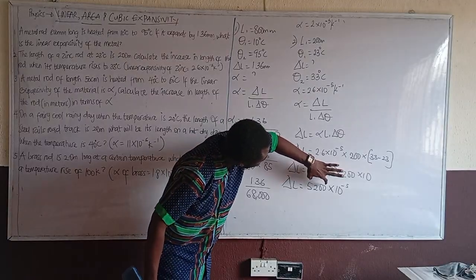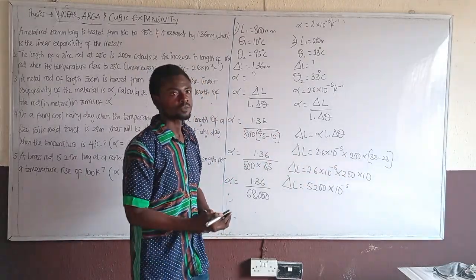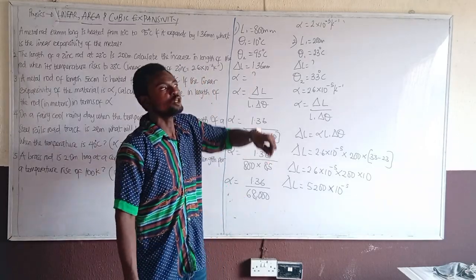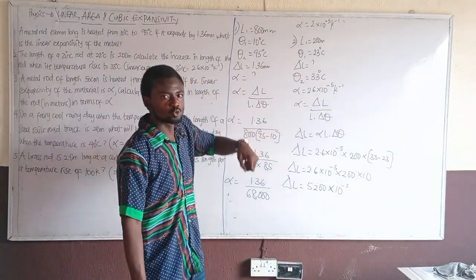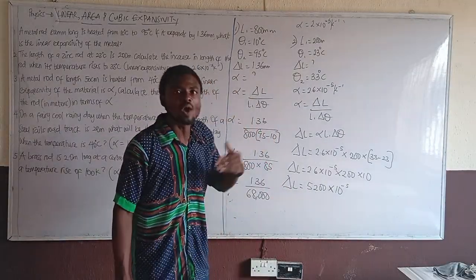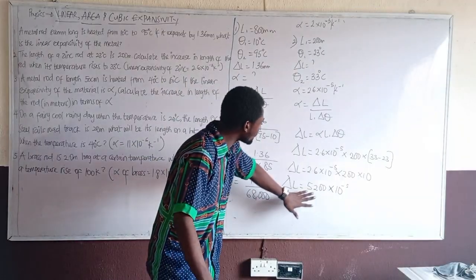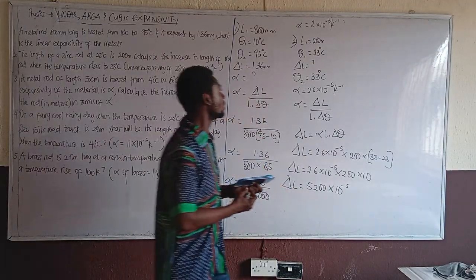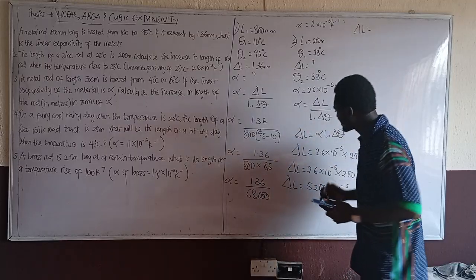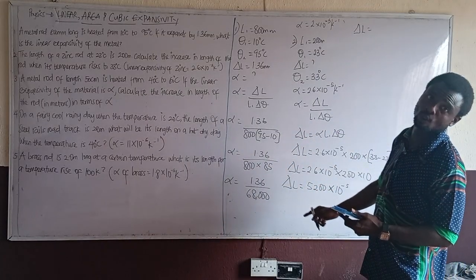And then I will convert this 5,200 to standard form. Now, don't forget, the rule of standard form says that wherever your point is, it must migrate to stay between your first and second number. Now, since there is no point between the numbers, it means my point is after the last number.